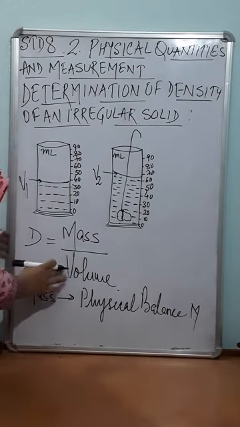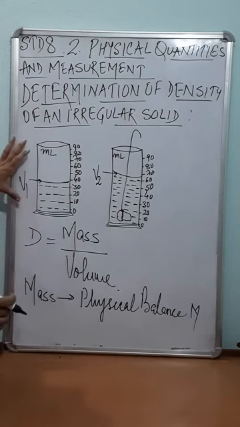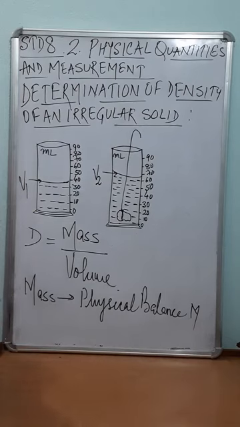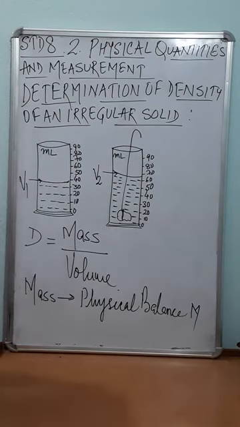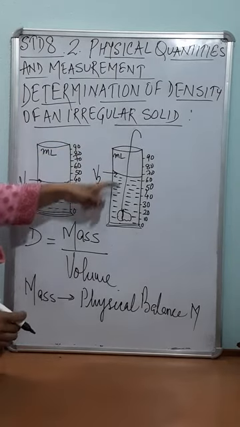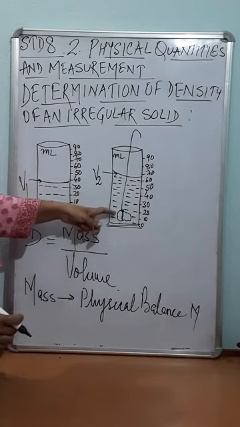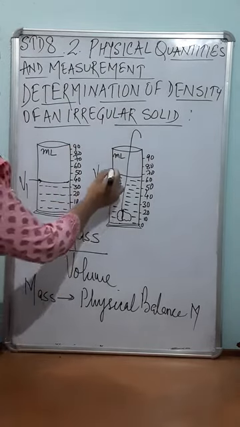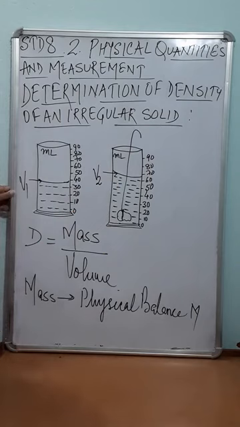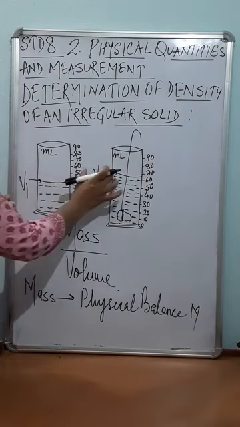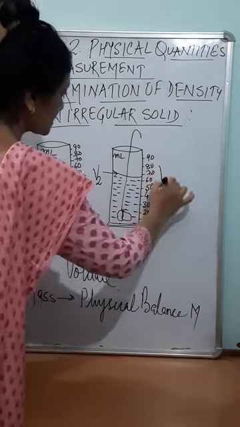For finding out the volume, a measuring cylinder is taken and water is taken up to a certain level. When the stone is immersed into the measuring cylinder, the level of water rises and the difference between the two levels of water gives the volume.